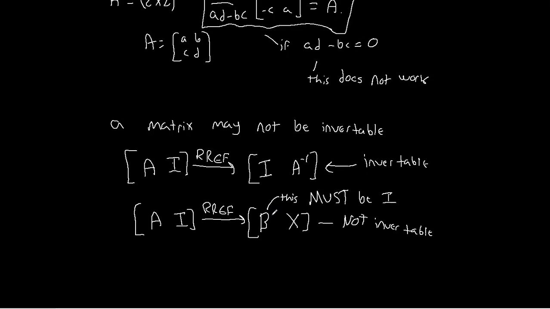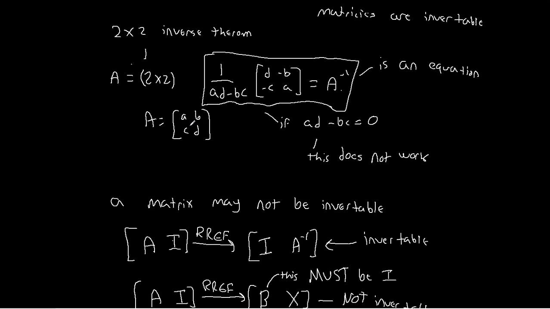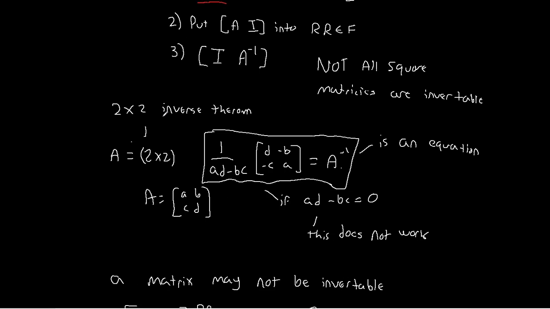So again, I just wanted to walk through this idea that we have two litmus tests. If we get to the point where reduced row echelon form is not I, we stop because we can't go any farther. And if we have a 2 by 2 matrix, we can plug it into this equation, and assuming that AD minus BC is not 0, we can get our inverse that way.